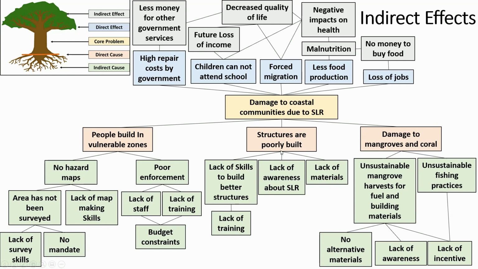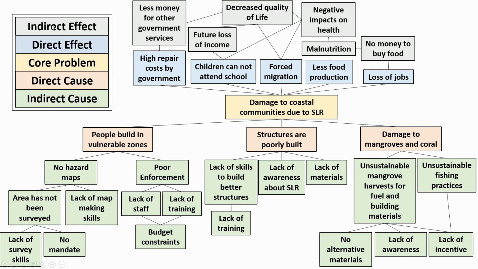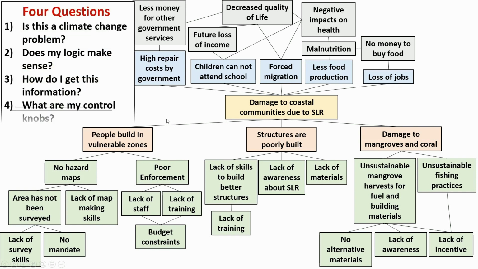All right, so then we've got our indirect effects, we've got our direct effects, and it looks like our problem tree is about finished. So you've got your indirect effects, direct effects, core problem, direct cause, and indirect cause. They're all color-coded here, so it's easy to see. So then we want to validate this, right? We want to do some quality control on our problem tree before we move on.